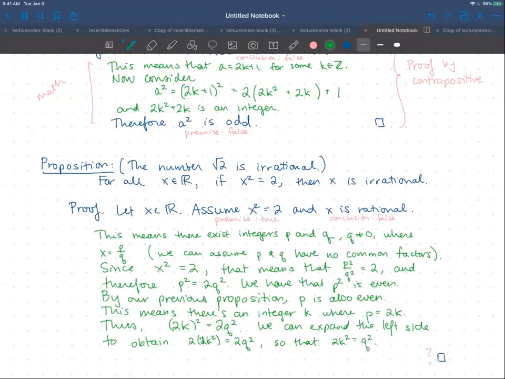Right, I just canceled off those 2's. And that means that q squared is even. And therefore, again, by the previous proposition, q is even. But this contradicts that p and q shared no common factors because now they share a factor of 2.